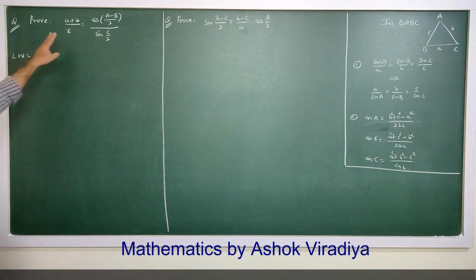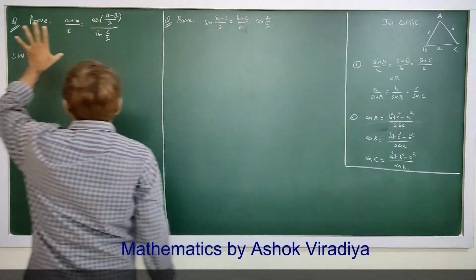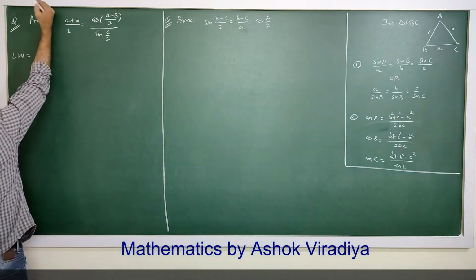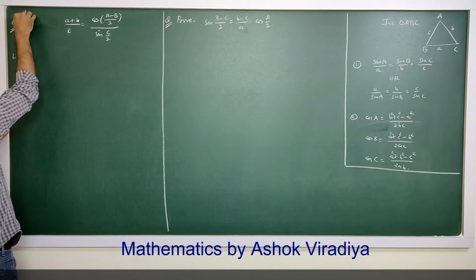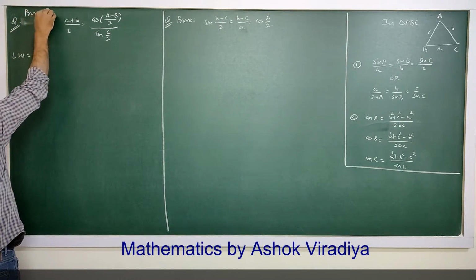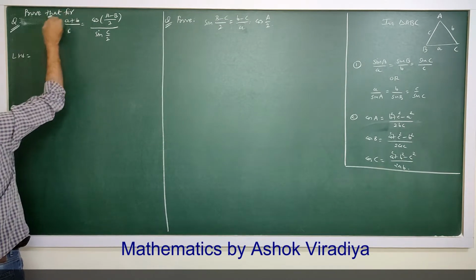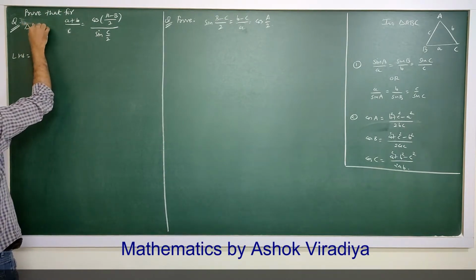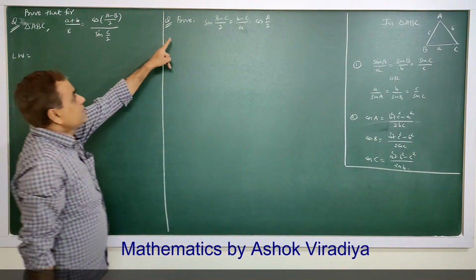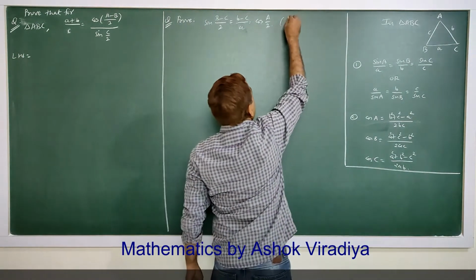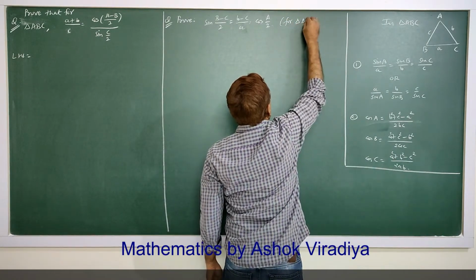Whatever properties are given in this type of prove-that problems are for a triangle, so I am adding one line: Question: for triangle ABC, prove that. Similarly, this is also for triangle ABC.